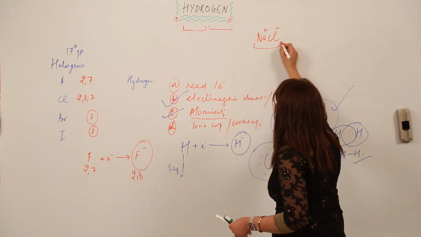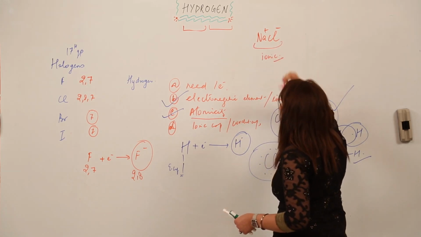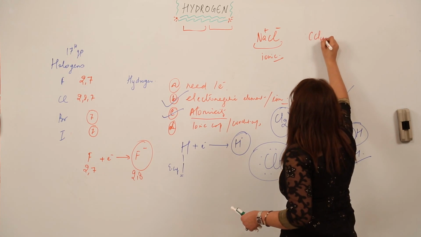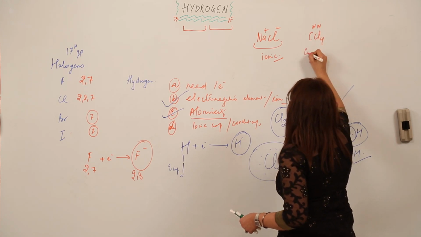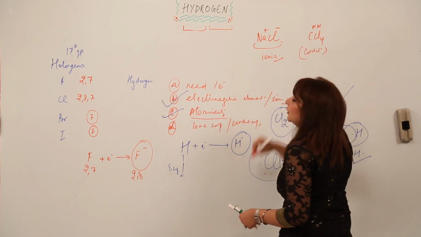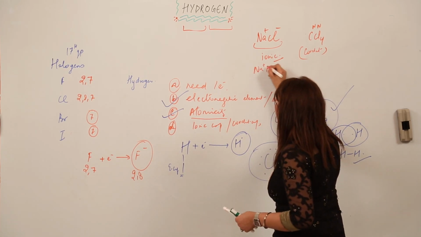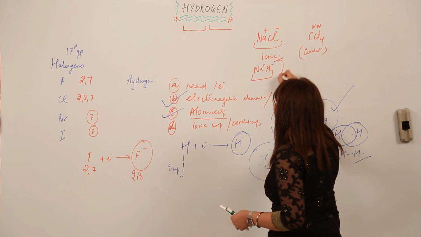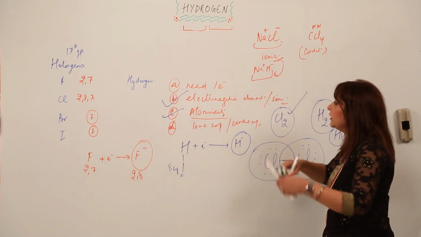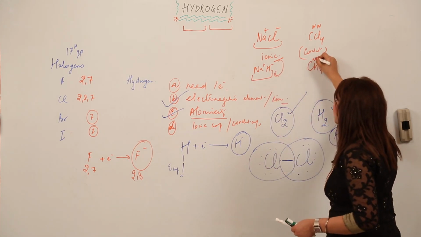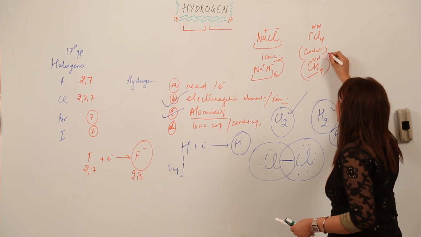So this compound is ionic in nature, right. Similarly we have CCl4, with a non-metal, that means a covalent compound. Similarly for hydrogen we have NaH, sodium hydride, again an ionic compound, and CH4, with a non-metal, again a covalent compound.